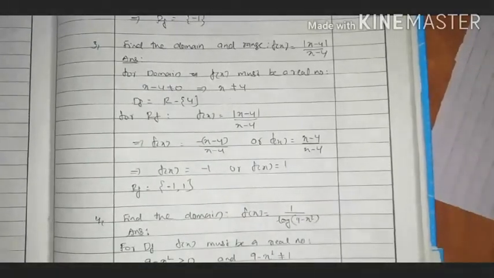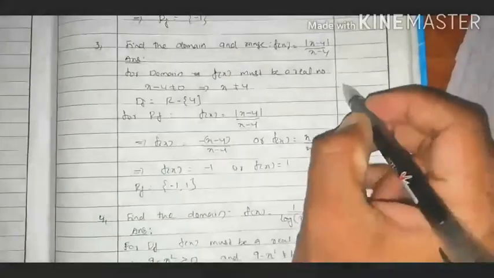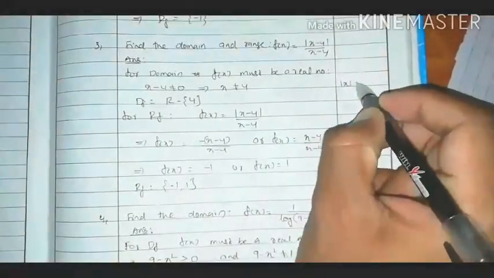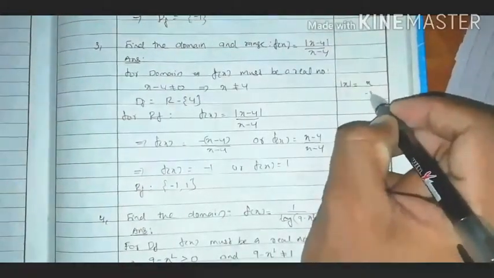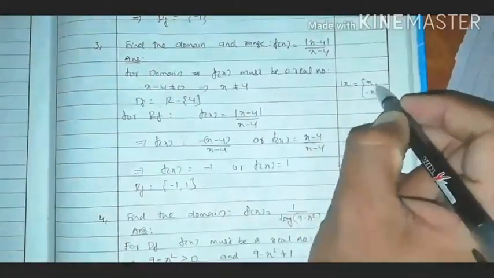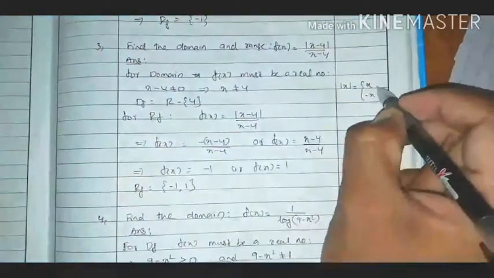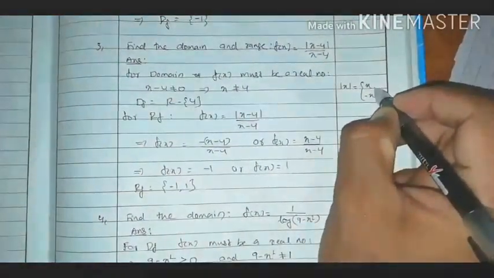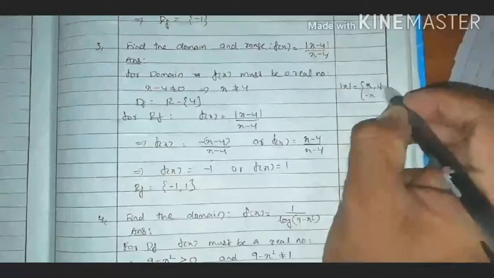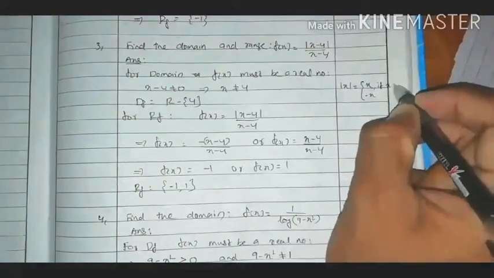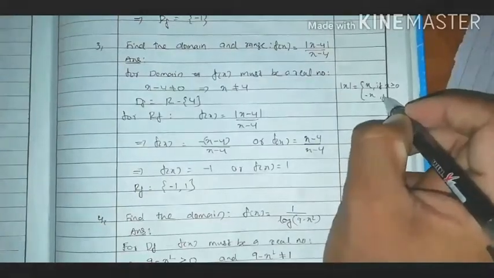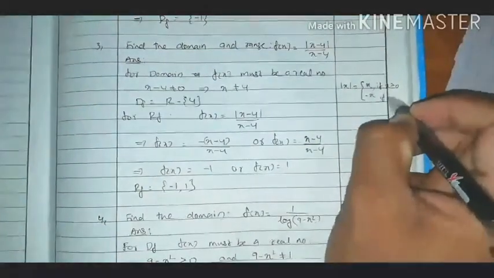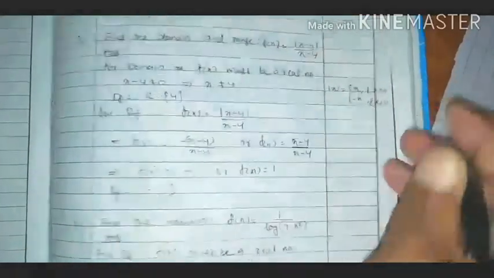Mod x is defined as x or minus x: mod x is equal to x if x is greater than or equal to 0, and it is minus x if x is less than 0.